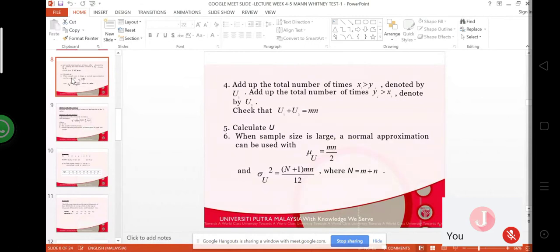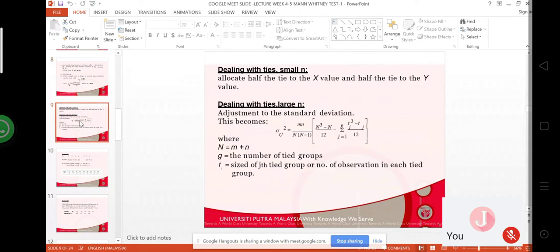When U is approximately normal and has a mean and variance, you can convert it to Z. How to get Z? It is U, the one that you get from the earlier step, minus mn divided by 2, divided by the square root of sigma squared U. Then you use this Z statistic to test the hypothesis. Slide number 8 is for a large sample with no ties.